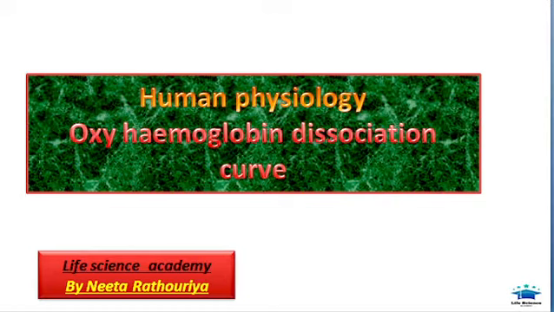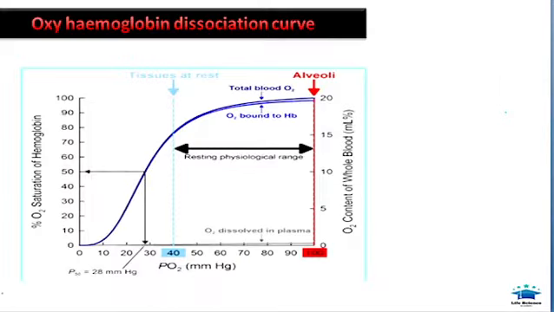And in this human physiology lecture, we will focus on the hemoglobin dissociation curve. So, what is the hemoglobin dissociation curve? How to define the oxyhemoglobin dissociation curve? This curve shows how changes in the partial pressure of oxygen influence the oxygen binding to hemoglobin and oxygen dissociation from the hemoglobin.